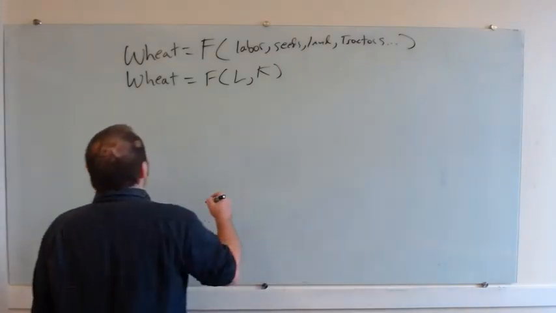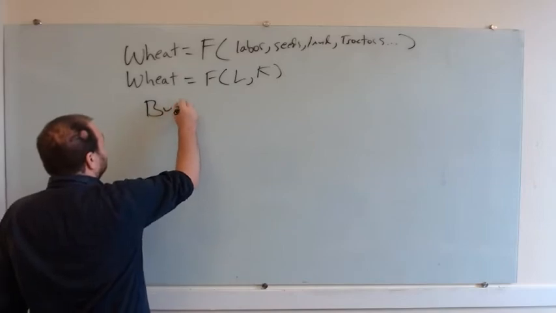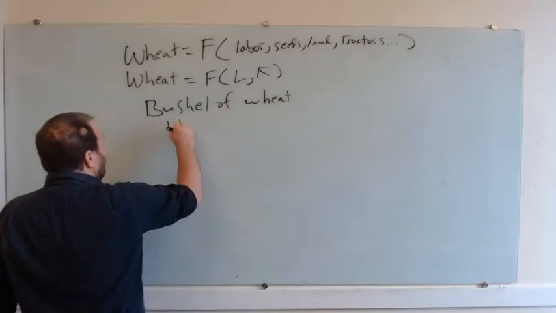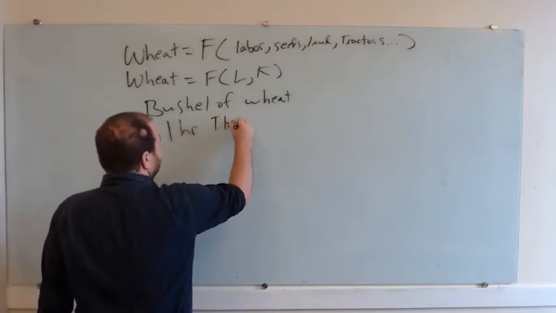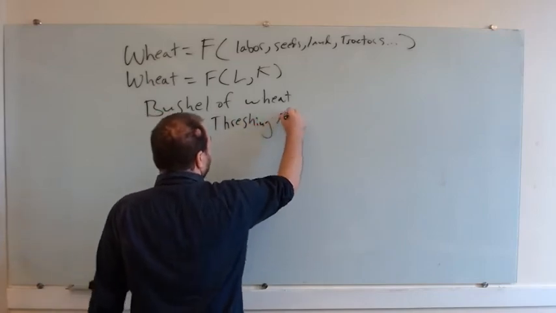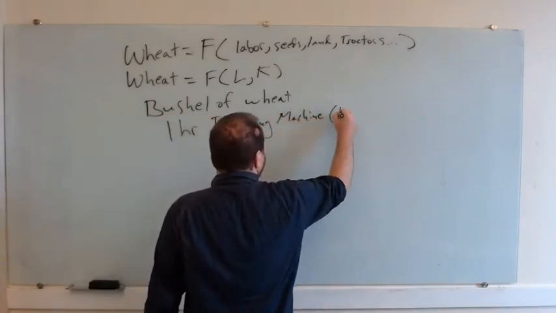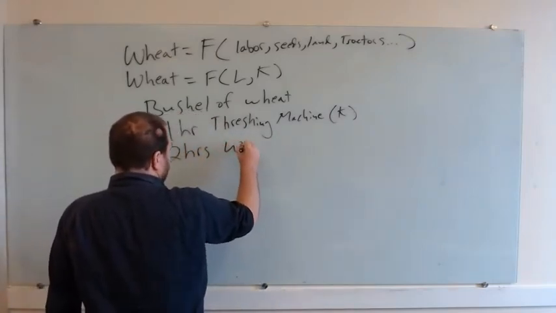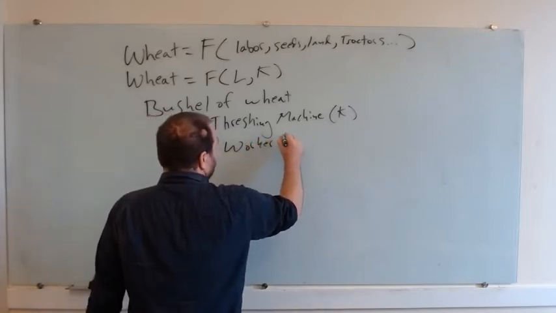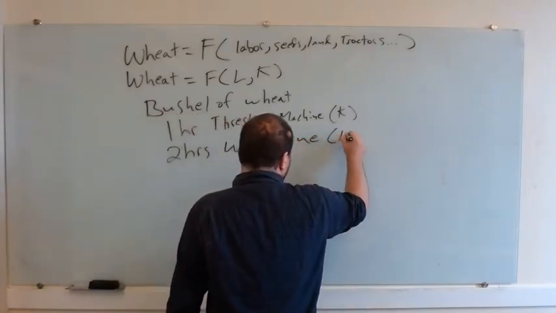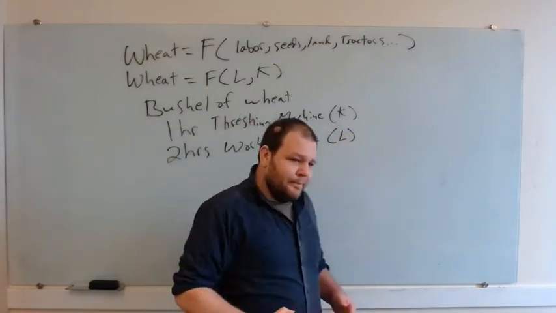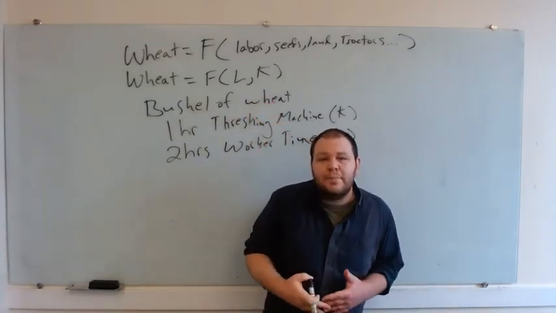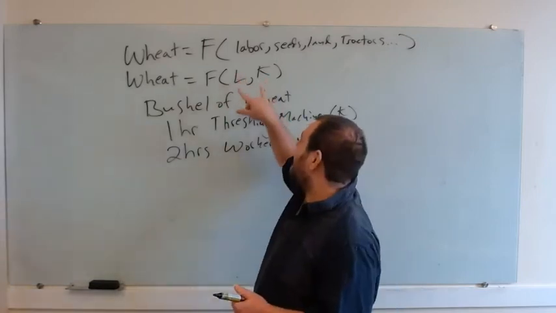So in order to make a bushel of wheat, we need 1 hour of threshing machine and 2 hours of labor, worker time, which I'll call out. If this is what it takes to produce a bushel of wheat, what is the production function for wheat? What's our F of L, K?